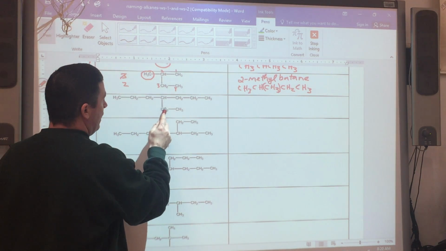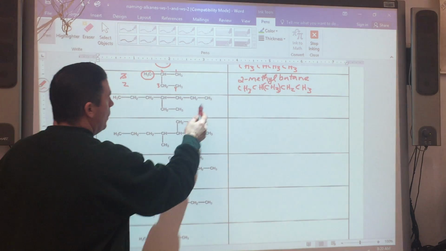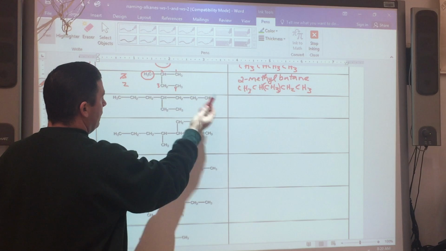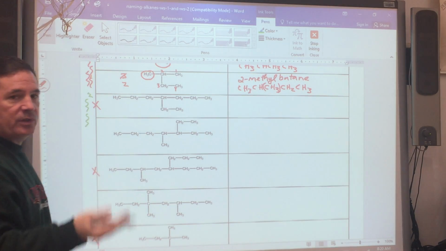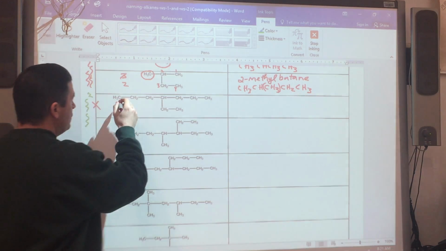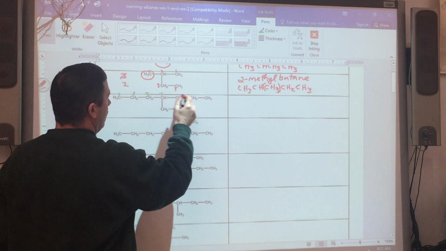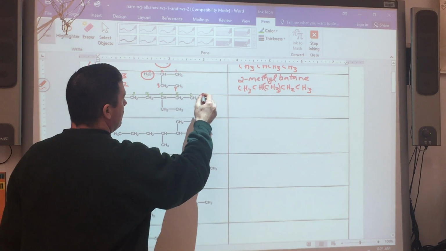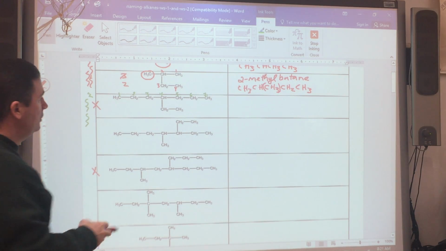So 7's my long chain. 1, 2, 3, 4 from right to left. 1, 2, 3, 4. So it does not matter which side I start on. So I might as well start on the left. 1, 2, 3, 4, 5, 6, 7. I've got 7 here.